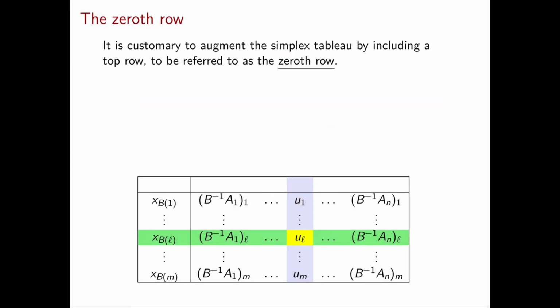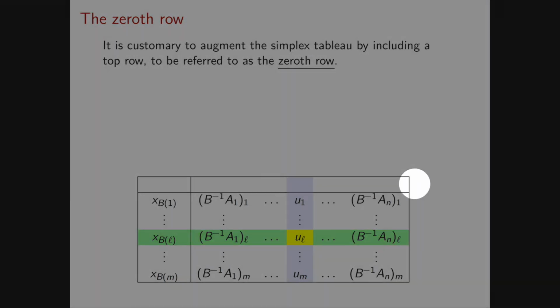We have just seen how many important quantities that we consider in a specific iteration of the simplex method are present in the tableau. However, there still are some very important quantities that are not to be found inside the tableau. In particular, the current cost of the solution is not present in the tableau, and, maybe more importantly, neither are the reduced costs. To fix this, the next thing we're going to do is add one additional row to our tableau that will contain this information. And this additional row will be put on top of the current tableau and will be called the 0th row.